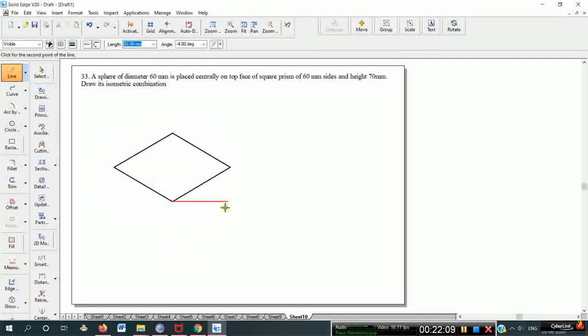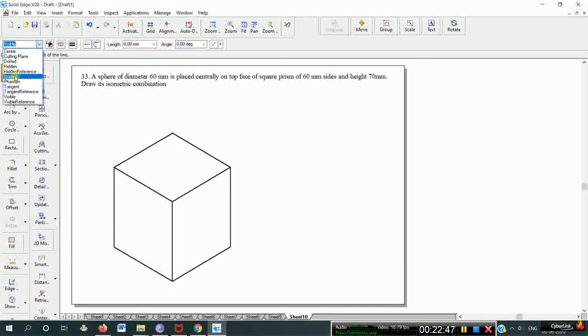If you consider this as the bottom face, you have to construct all the vertical edges upside. Height is 70 mm. Now find the center.